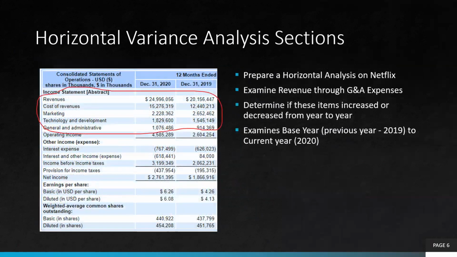So let's look at this. In order to prepare horizontal analysis, we are looking at the income statement for Netflix, and we're going to conduct a horizontal analysis on the first line items that you see highlighted with the circle in red.